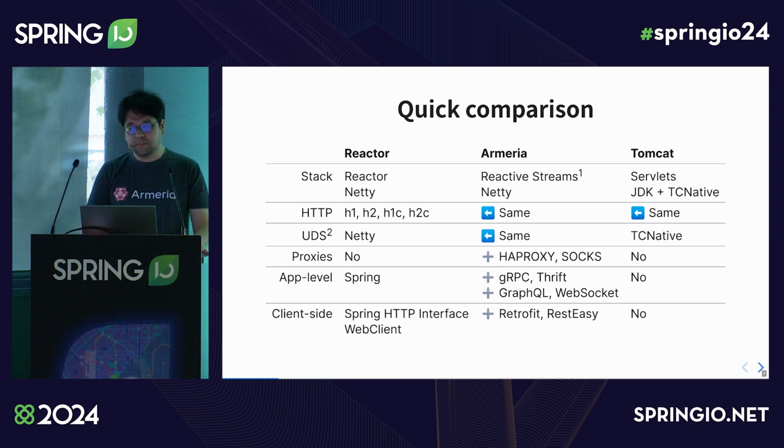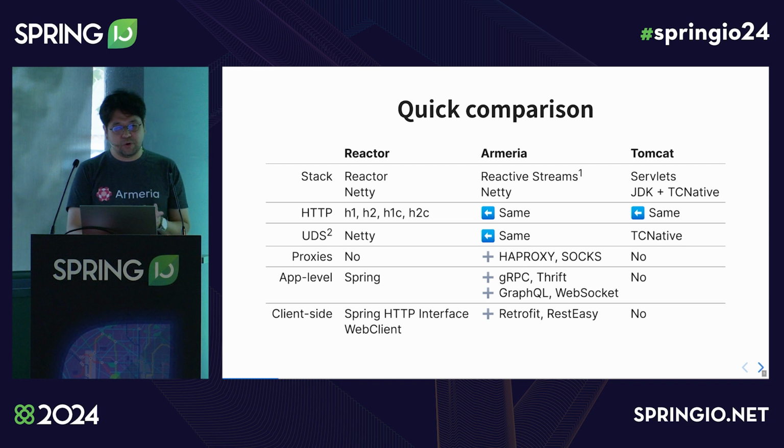And it also has support for high-level protocols like gRPC, Thrift, GraphQL, WebSocket, etc., which is something you might be interested in if you are looking for a lightweight way to build a service. On the client side, Reactor provides the core HTTP functionalities to Spring APIs, like Spring HTTP interface and WebClient.